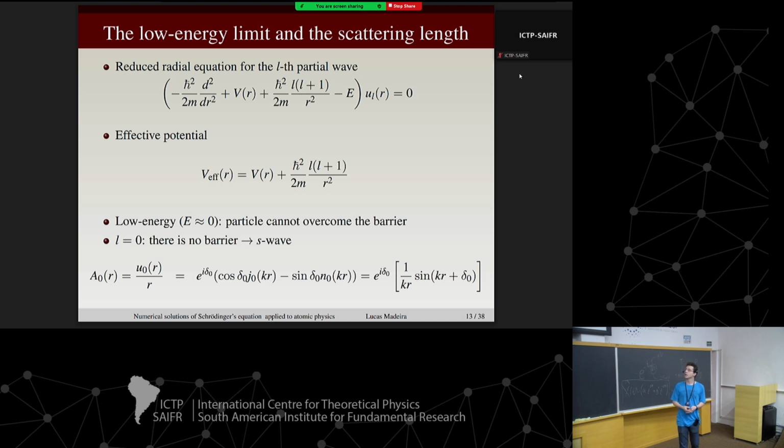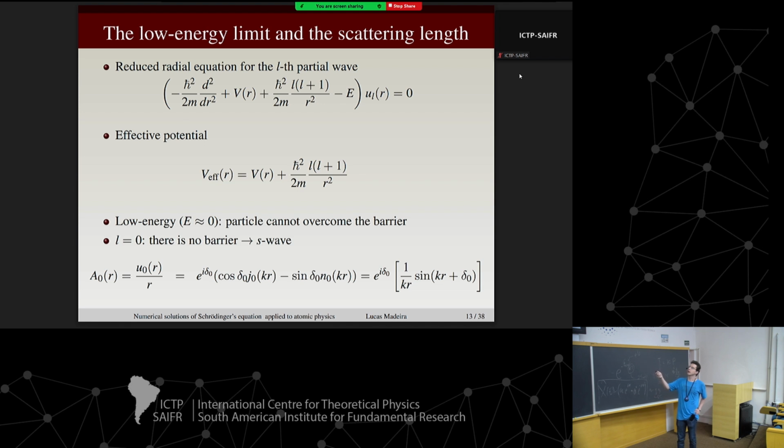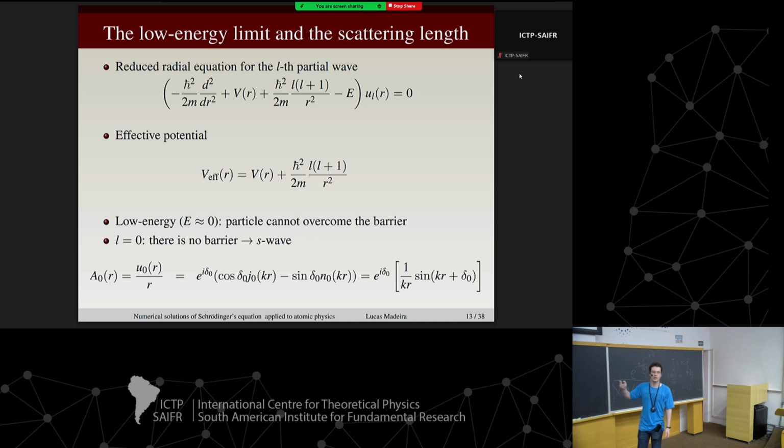Okay. So what do we need to do in this setting? We have our Schrödinger equation for some partial wave L, and it has all the features we talked about. If you look at these terms here, you have the potential that could be attractive or repulsive, as we just saw. But we also have the centrifugal barrier, right?